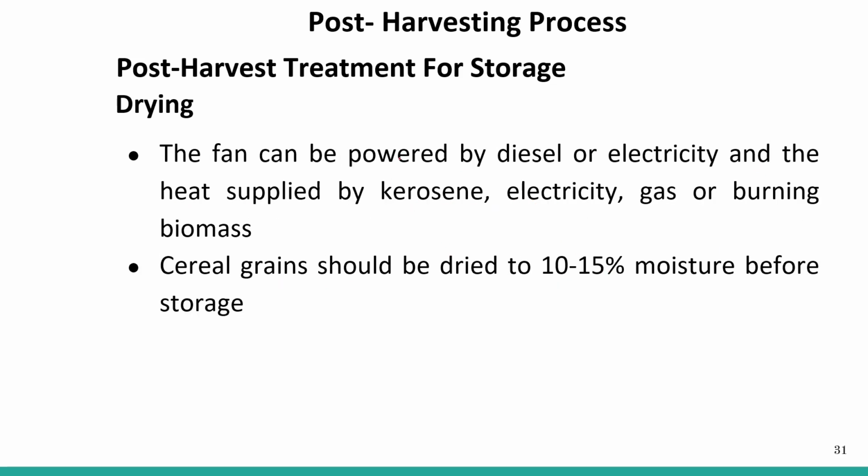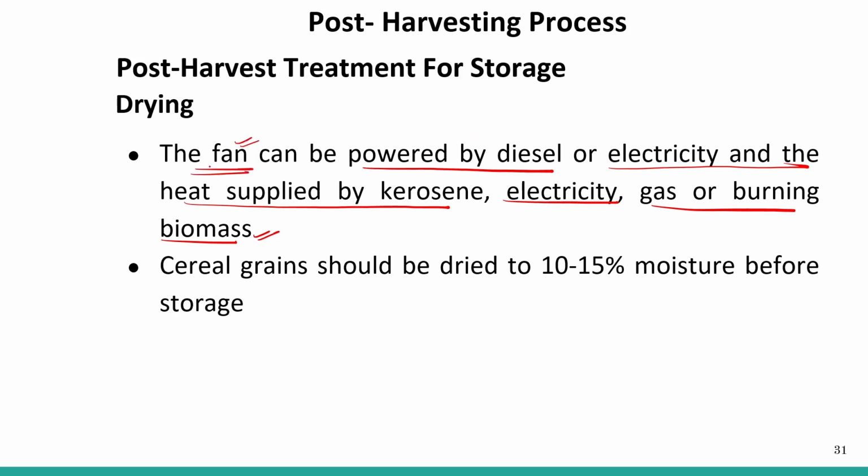The fan can be powered by diesel or electricity, and the heat supplied by kerosene, electricity, gas, or burning biomass. To operate this fan, we can have power by diesel or electricity.